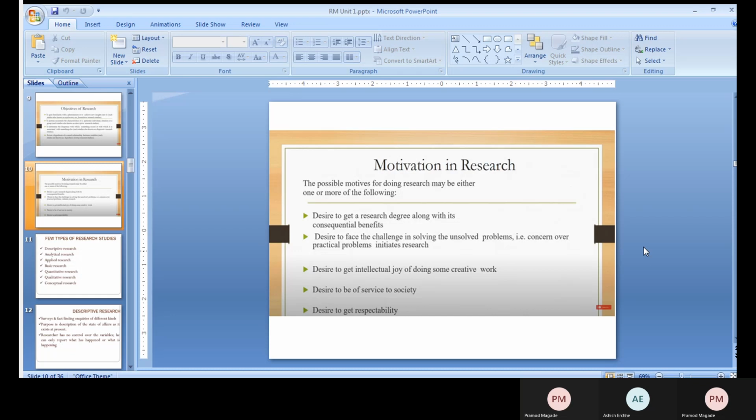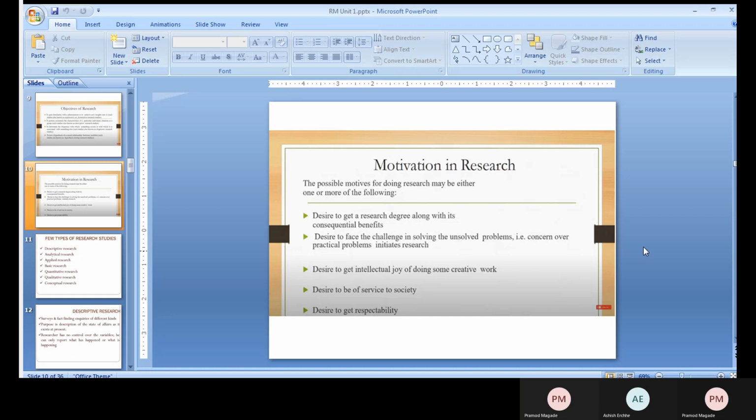But a researcher can find that solution, and if it gets resolved, then definitely it will help the organization as well as you, because you are the person who focused on that particular problem and spent the time finding the details and achieved success. So this we also call the motivation of research.